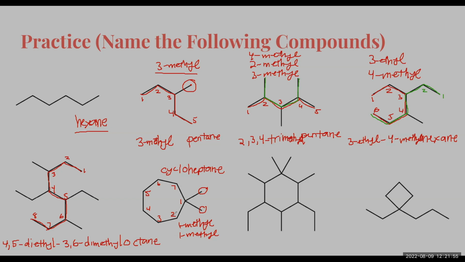And we chose 1 because it would give it the lowest substituent number. So in the parent name, I can indicate this as 1 comma 1 to indicate that the first carbon has a methyl twice. And I'm going to put dimethyl to indicate that we have 2 methyls: 1,1-dimethylcycloheptane.